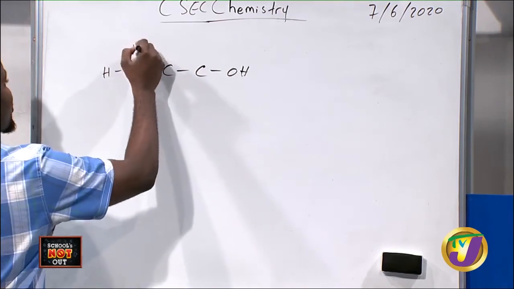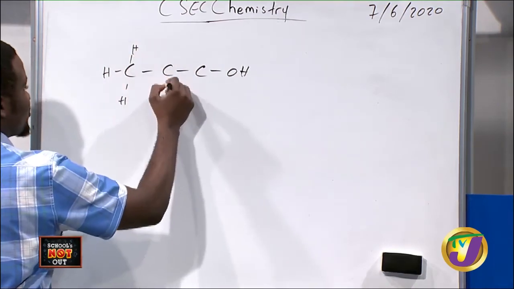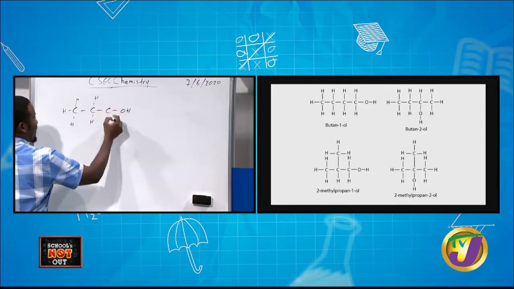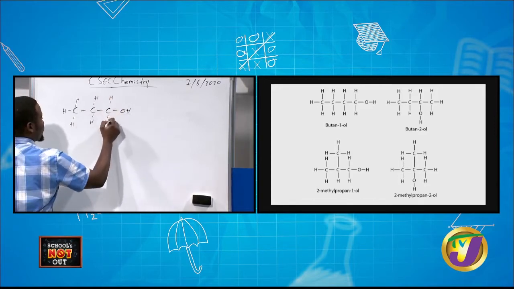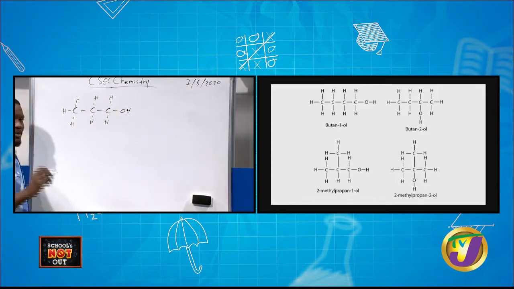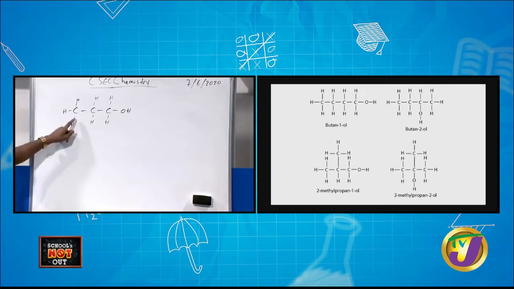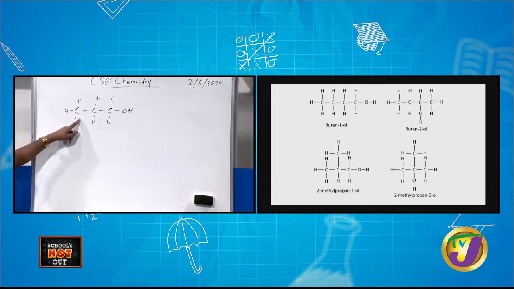So H, H, H. One thing we need to be careful about, because sometimes I realize that students don't pay attention to these things: carbon must always have 4 lines coming off of it at all times, must have 4.